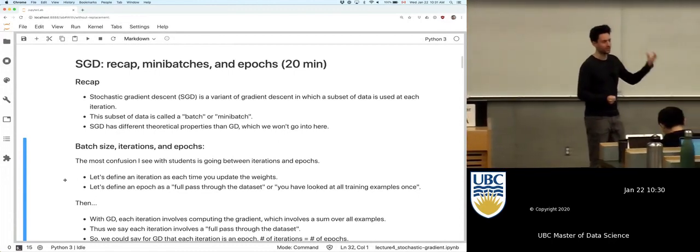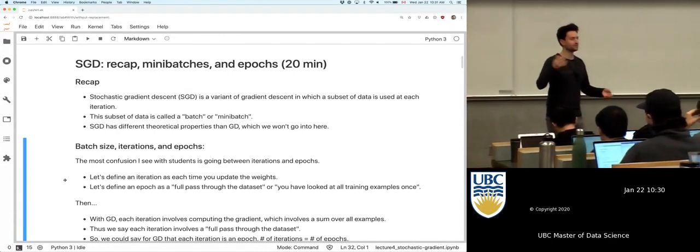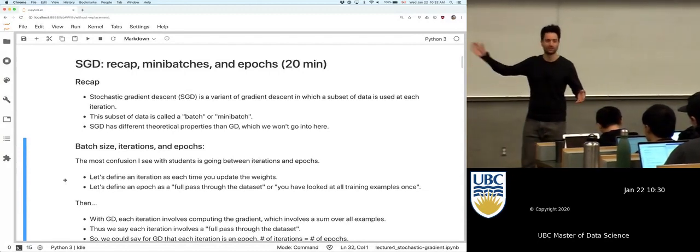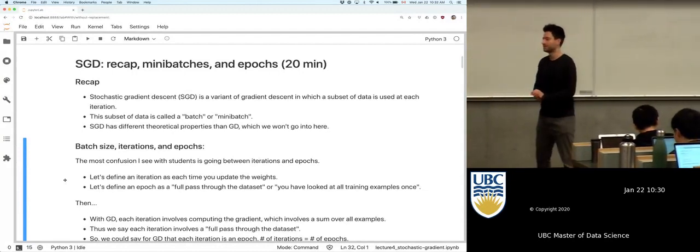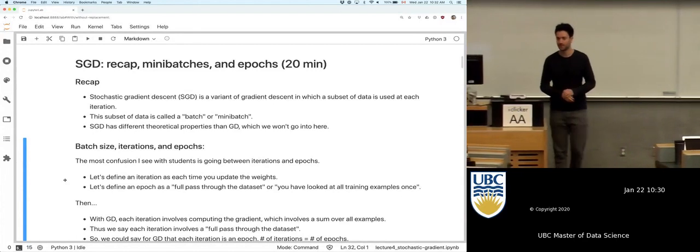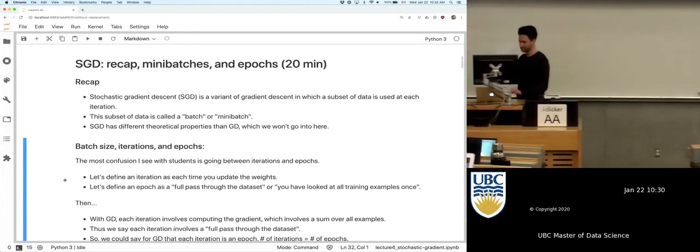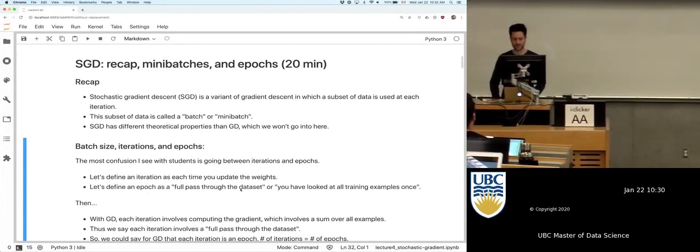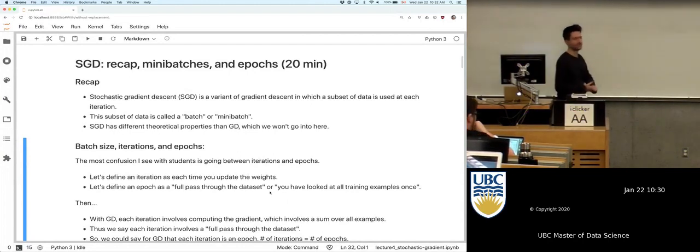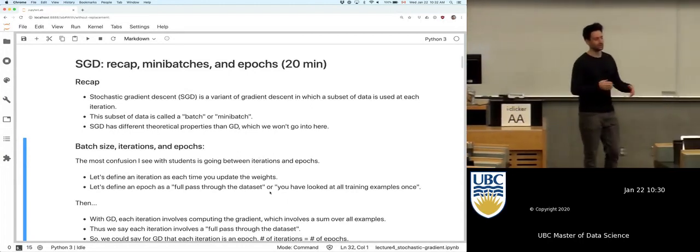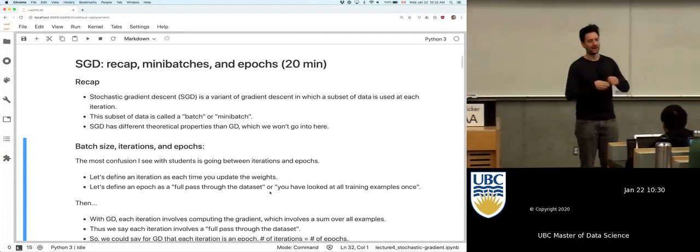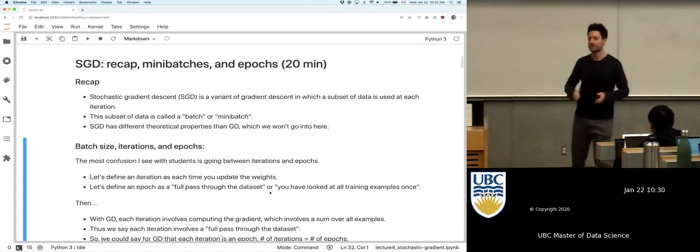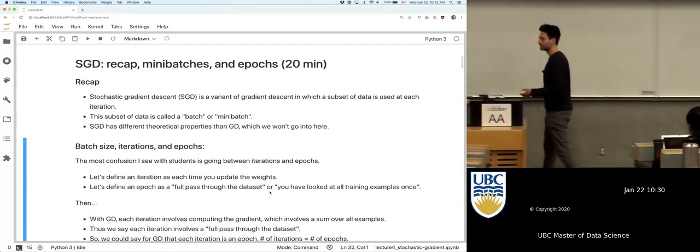So every time you change the weights, W equals W minus alpha, whatever, we're just going to call that an iteration. You might also call it a weight update. And we're going to define an epoch as a full pass through the data set, or roughly speaking, after you have looked at all the data, we're going to say we've done one epoch.